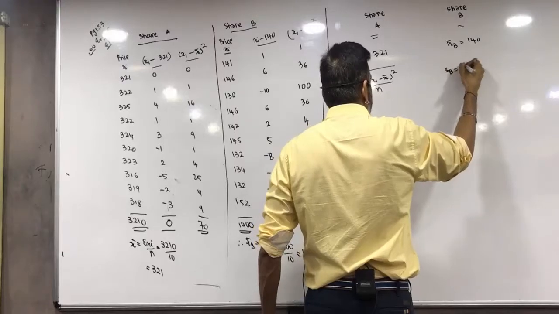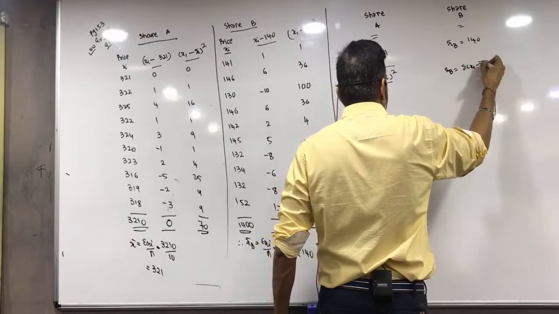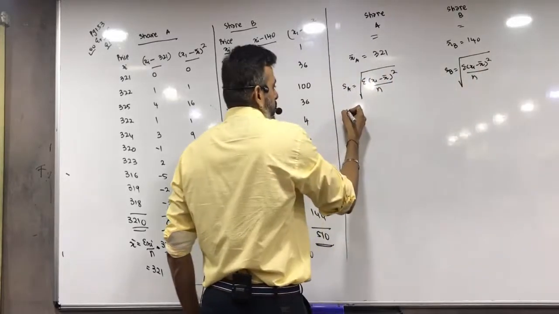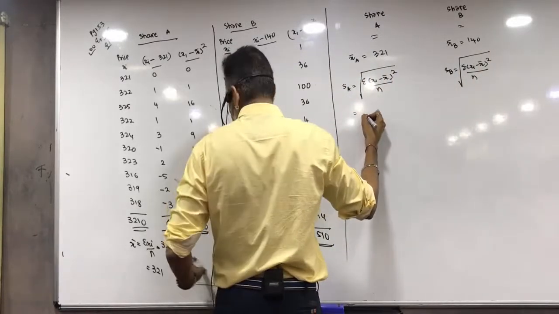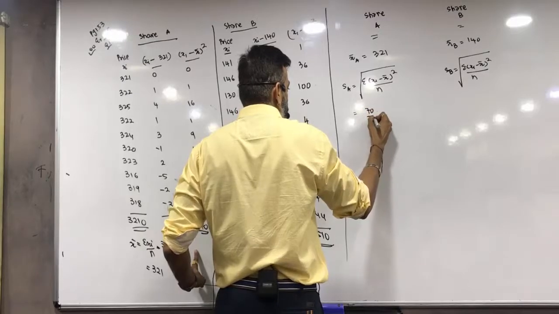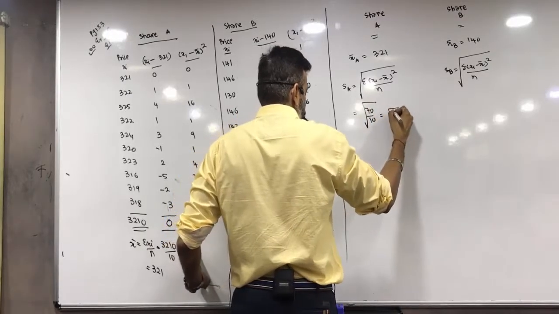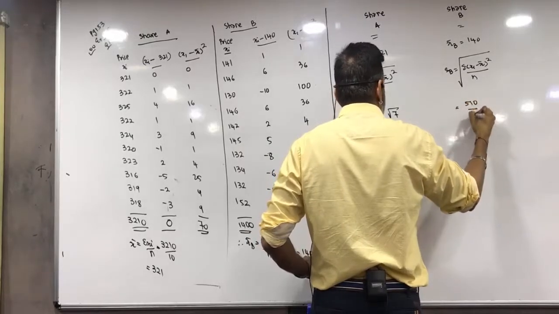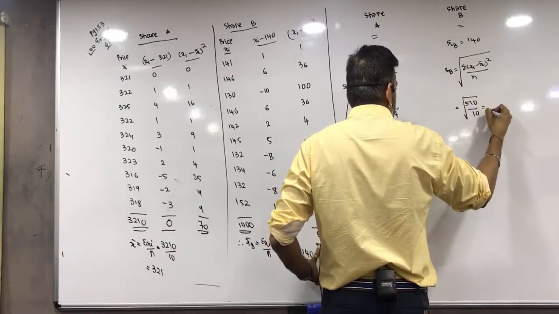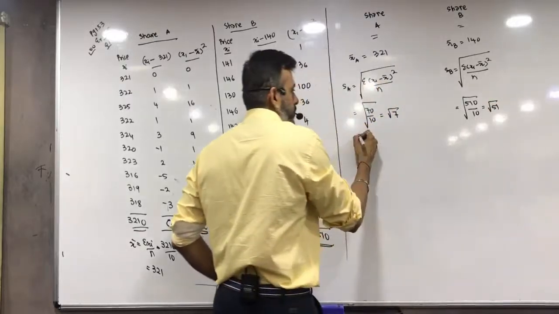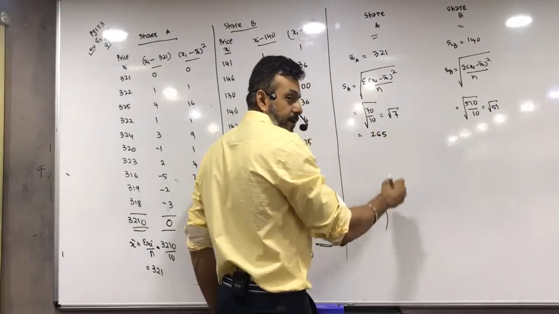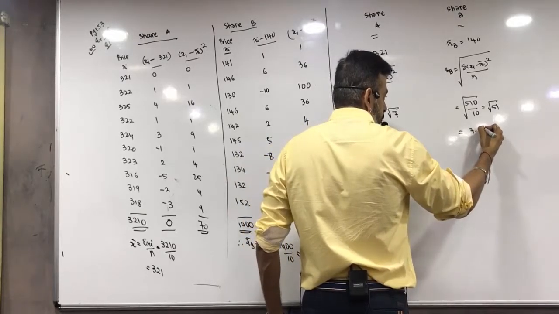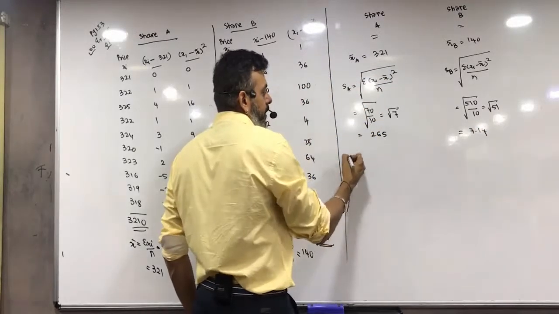Standard deviation of B is sigma xi minus x bar the whole square upon n, the whole under root. So, which is equal to 70 upon 10 under root of 7, 510 upon 10, so under root 51, 2.65, and over here 1.4.